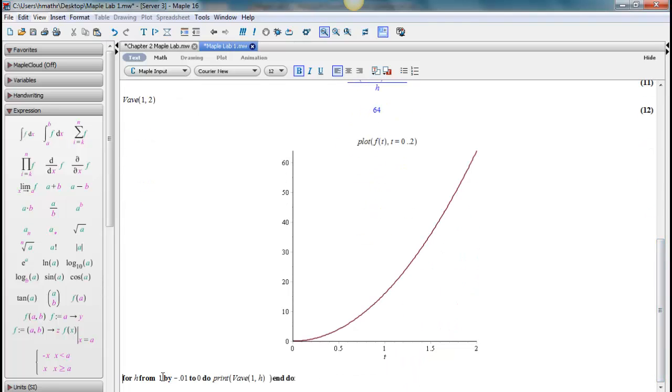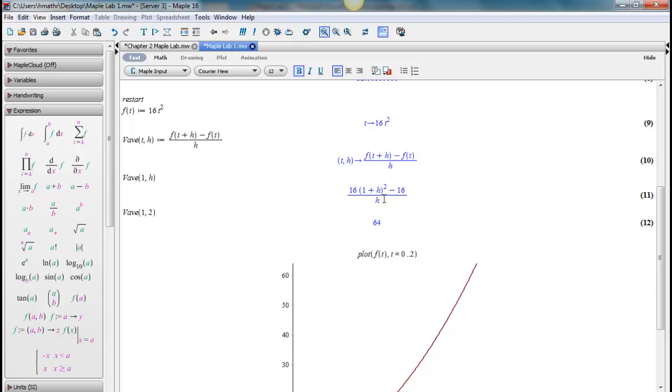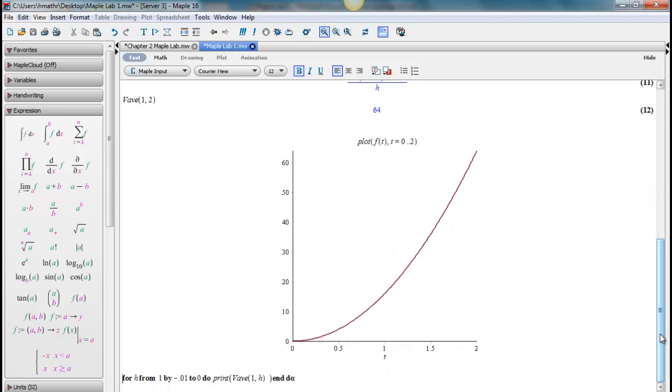So we're starting from h equaling 1, and then shaving off 0.01 each step until it gets to 0. And notice that at 0, this particular function would not be defined, right? So when h does reach 0, we will get an undefined output.